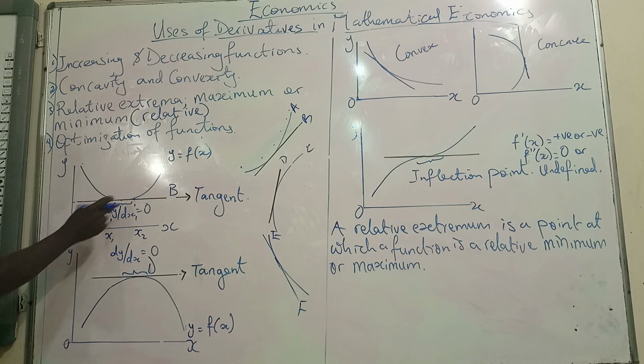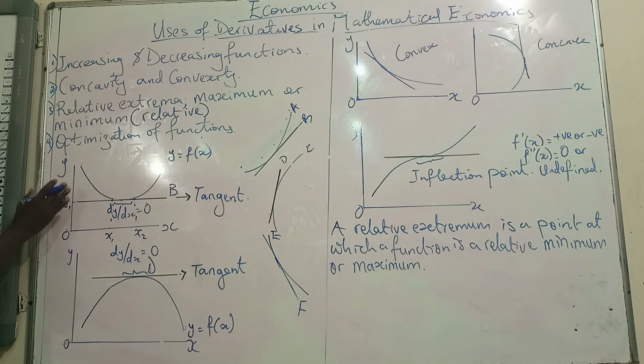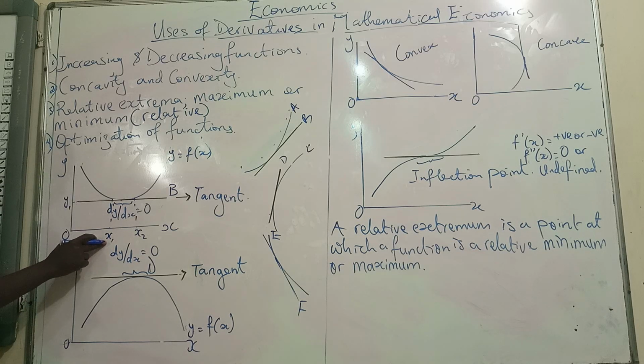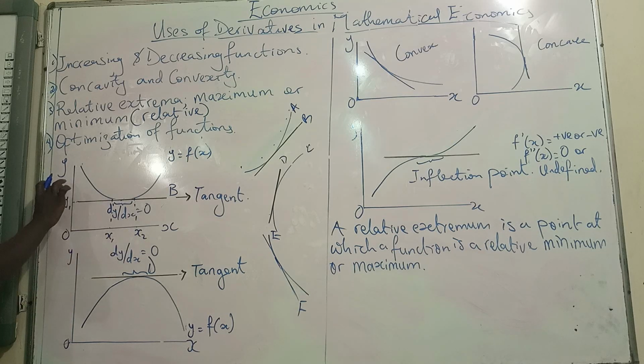But then this is only intersecting one point on the y-axis. So when it was x1, it was y1. Now it's still y1 and then we have x2. So there is a change in x, but there is no change in y.